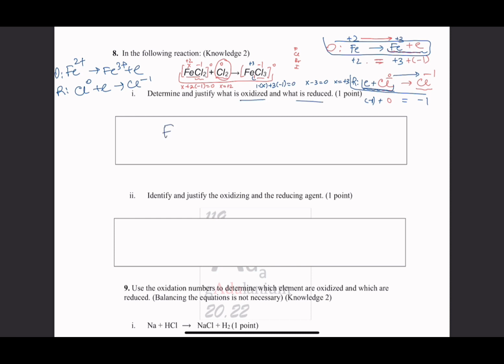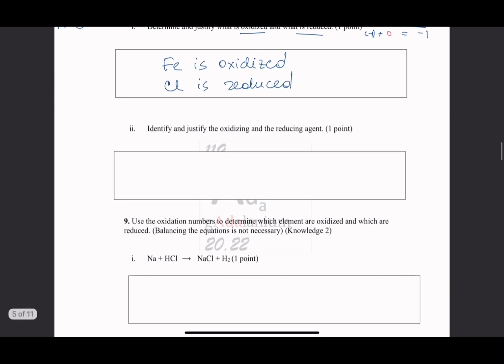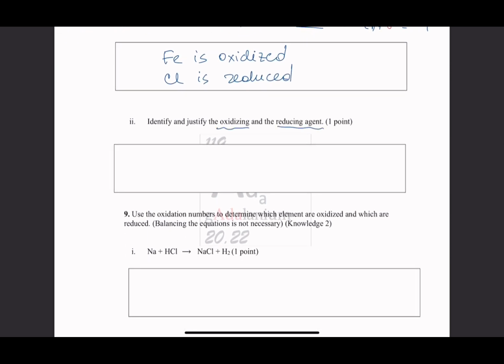We say that iron is oxidized, and chlorine is reduced. Now it's asking for the oxidizing and reducing agent. Whatever is oxidized is the reducing agent because it gives out electrons, and chlorine is the oxidizing agent.